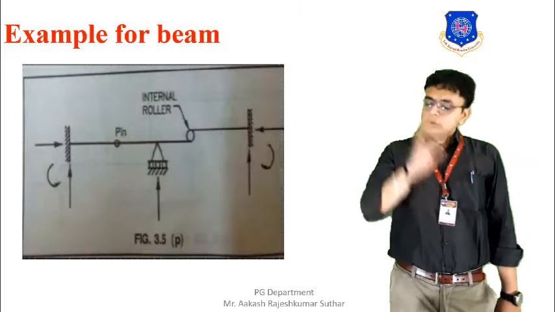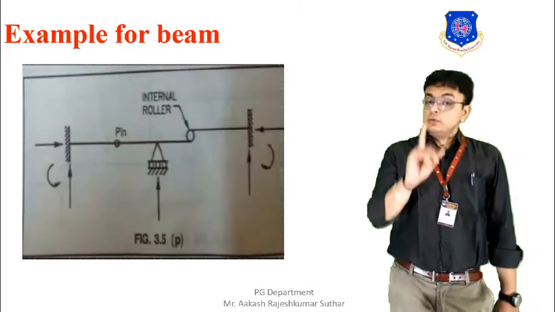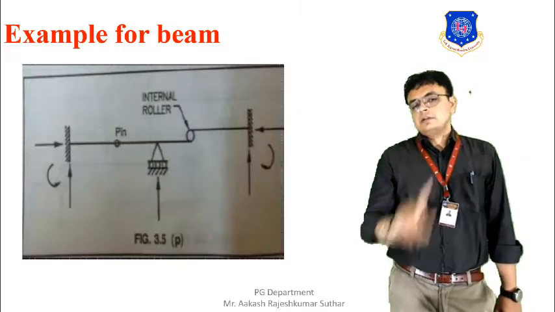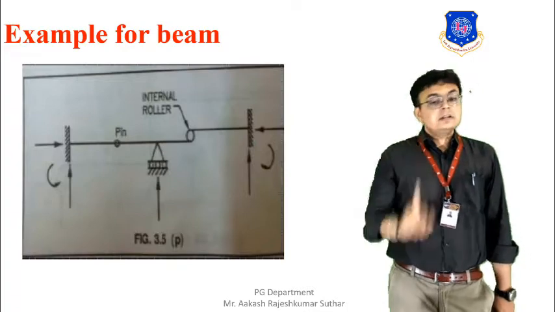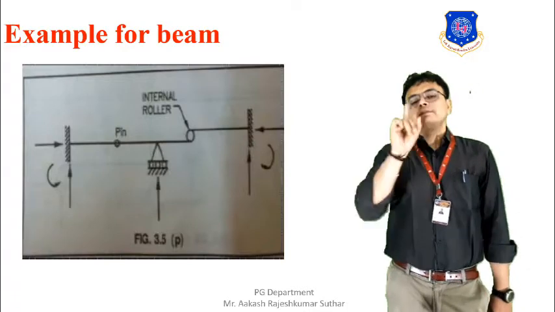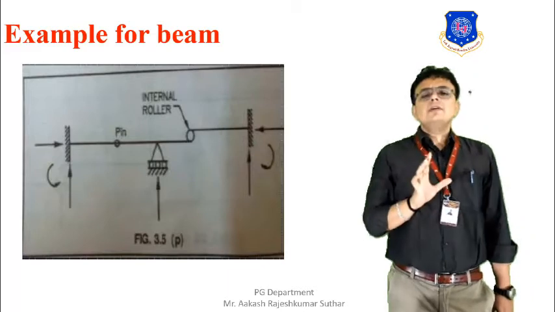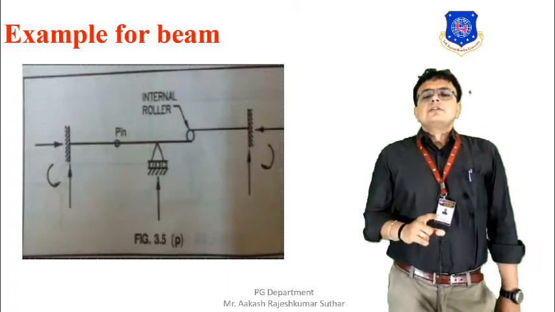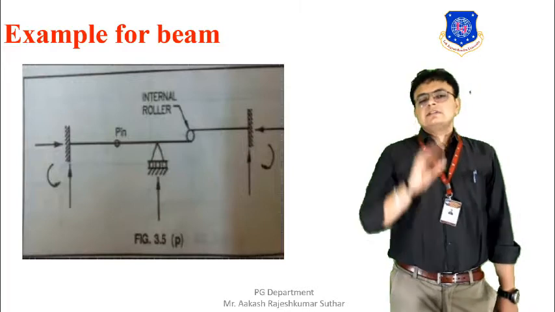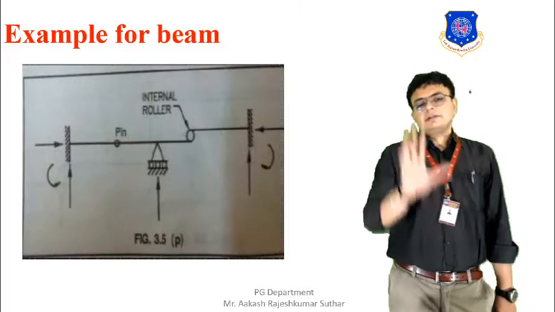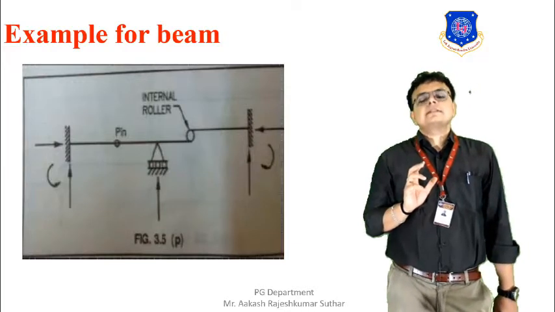Based on that, the small r value will be equal to 3 plus 1 for one pin plus 2 for the internal roller. So cumulatively, the small r value for this particular beam will be equal to 6.